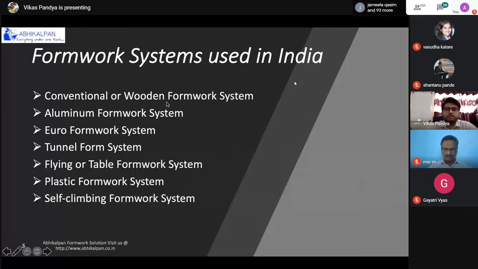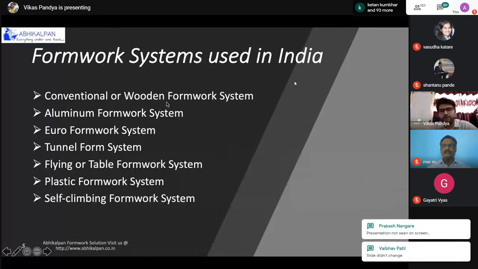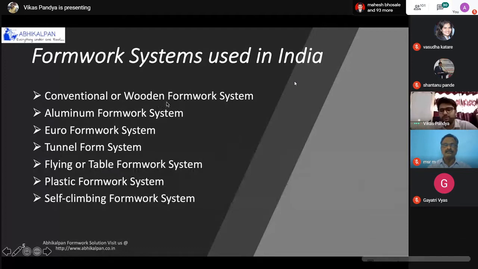The cycle in this formwork can be 20 to 30 days, so approximately 1 month is required to complete one floor. We can get only 10 to 15 repetitions from this formwork system. So the average cost of formwork goes from 200 to 250 rupees per square meter when we consider the repetition of the formwork system.